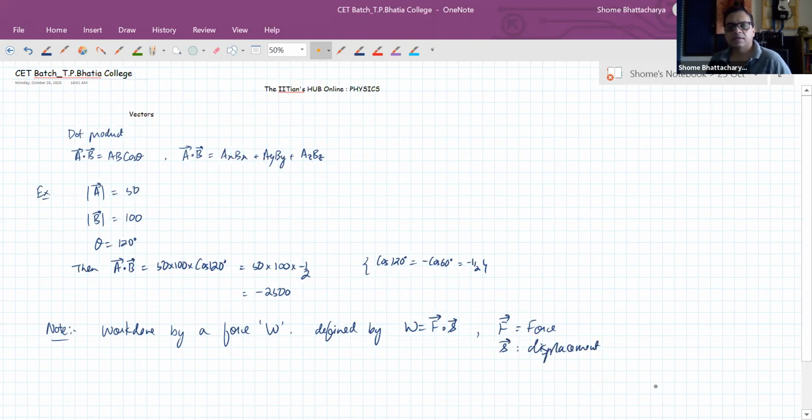So this is one of the practical applications of dot product in physics, which is going to be part of our class 11th syllabus, and we'll be discussing this very soon in the chapter of work, energy and power.